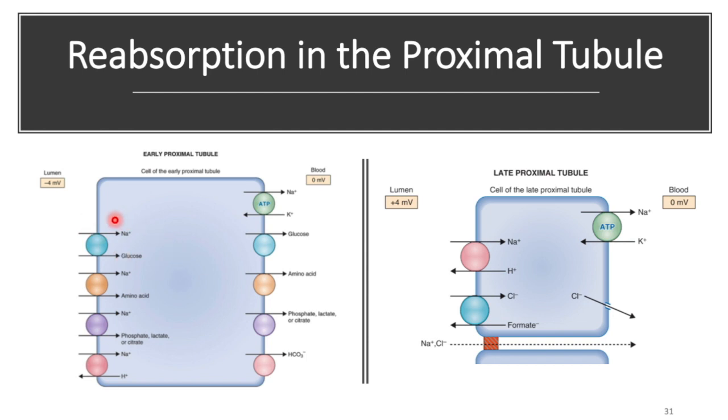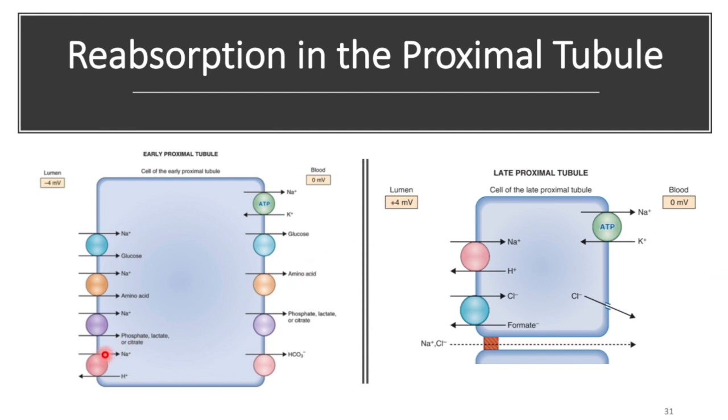There are also other co-transporters such as sodium amino acid co-transporter, sodium phosphate co-transporter, sodium lactate, sodium citrate co-transporter. So sodium is then extruded from the cell into the blood by the sodium-potassium ATPase located at the basolateral membrane. Whereas glucose and other solutes that were co-transported together earlier will be extruded via facilitated diffusion.